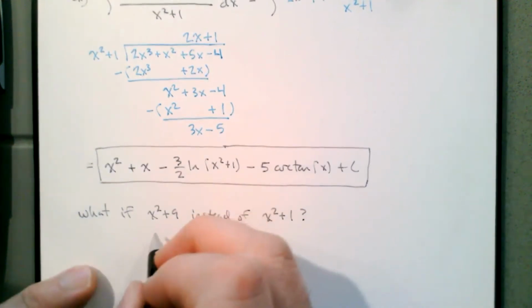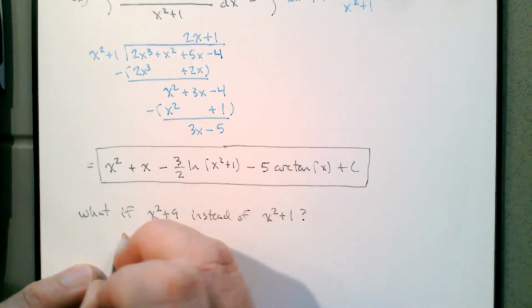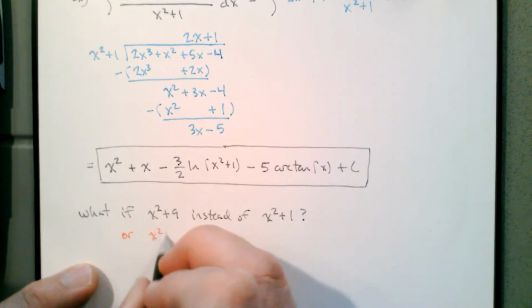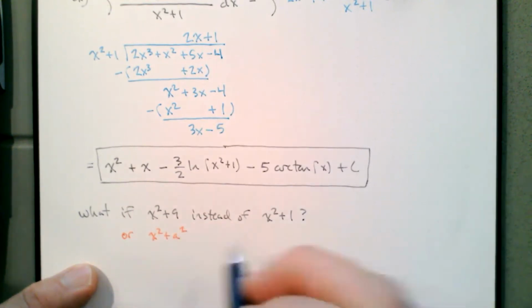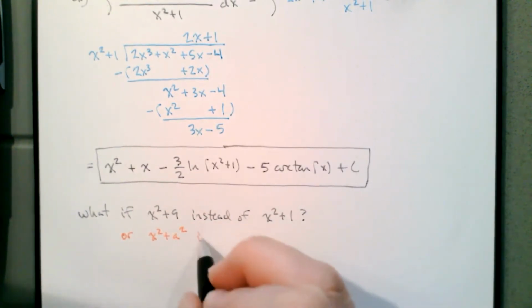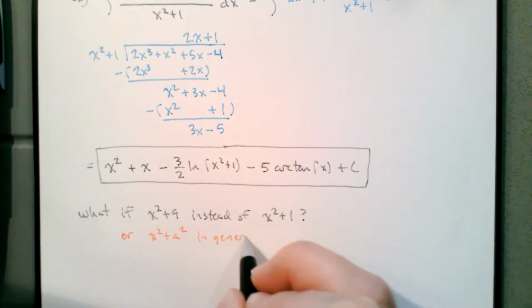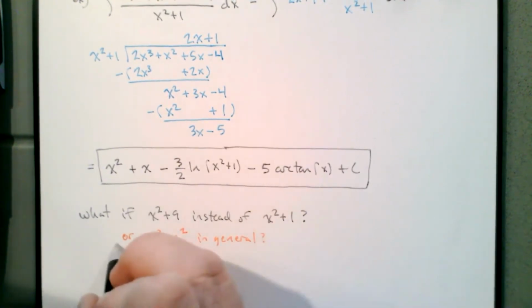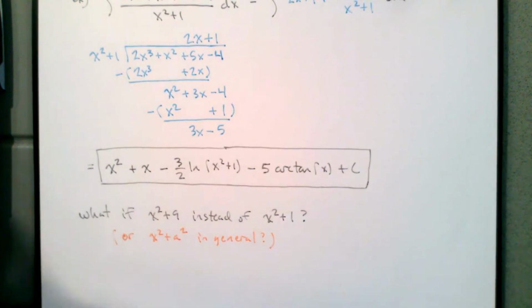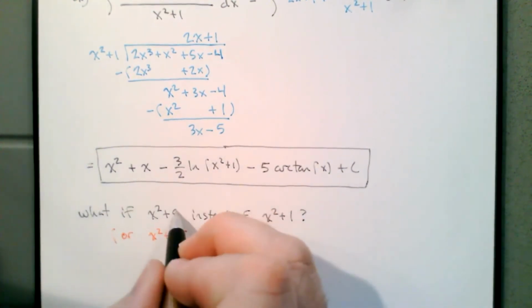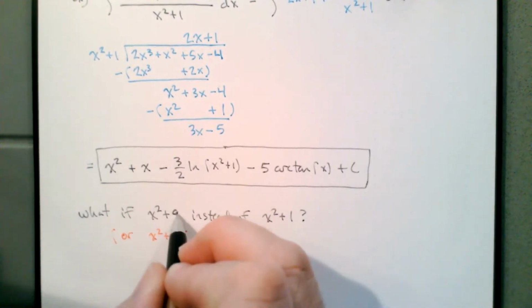So in general, this is a 9, and down here is an a squared.